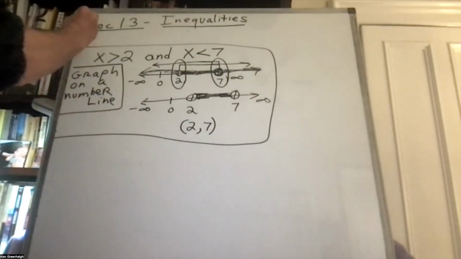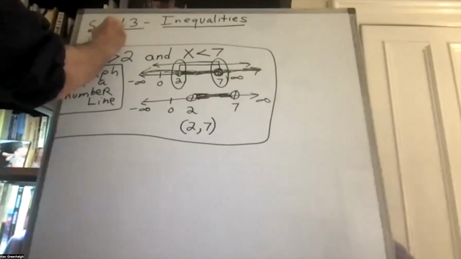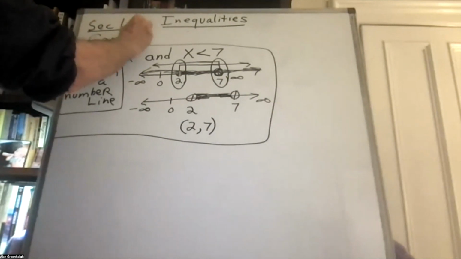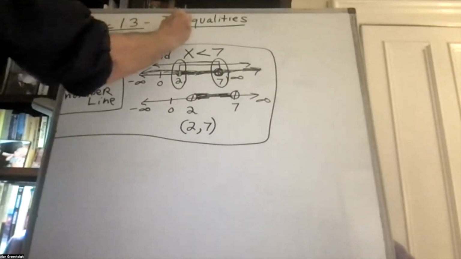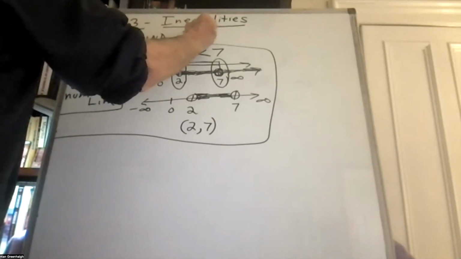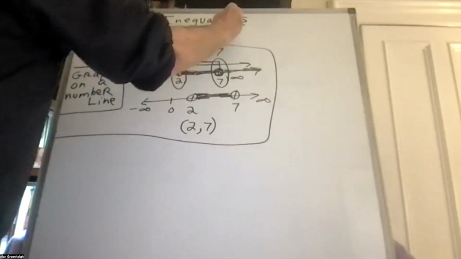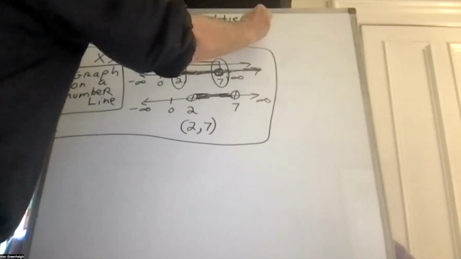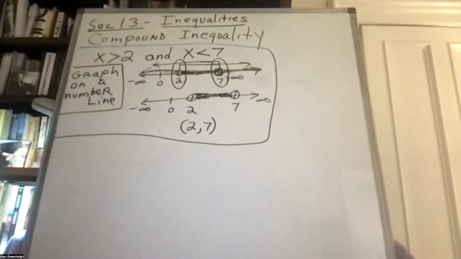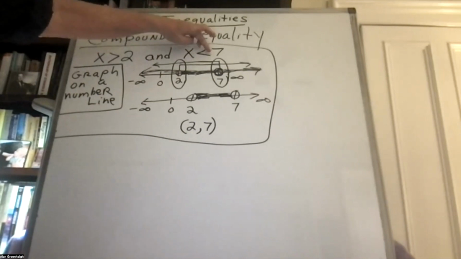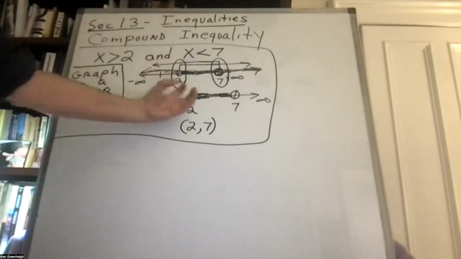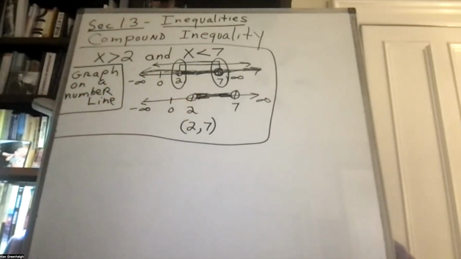This is called a compound inequality. It's called a compound inequality because you're taking into account 2 different inequalities, but you're putting them in on the same number line, and that's what it is.